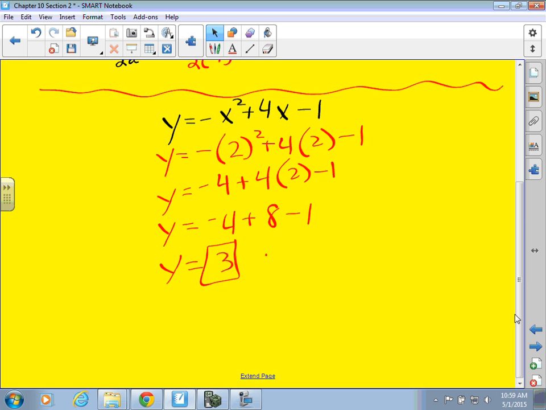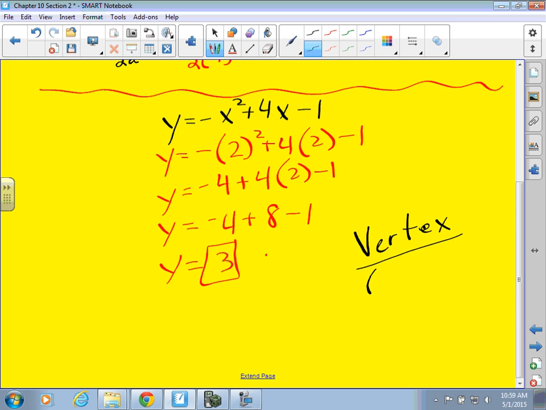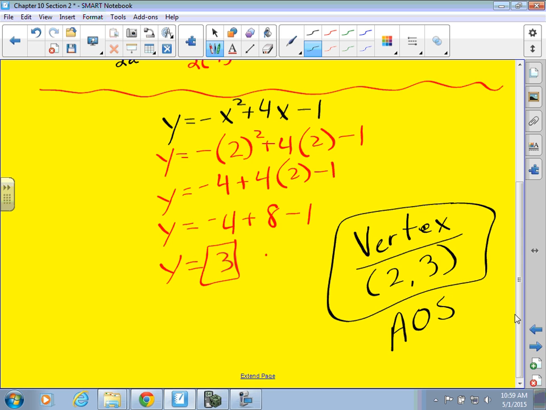All right, so I'm going to make my table. Negative x squared what? Thank you. Okay, what value am I going to put in my table right away? The 2 and the 3, and I'm going to label it a.